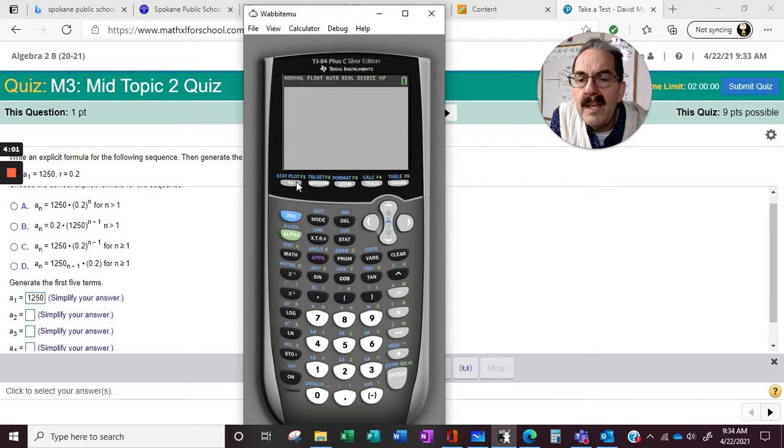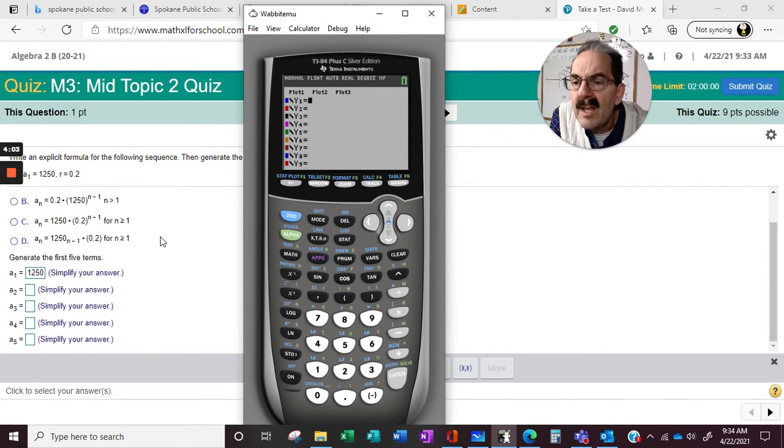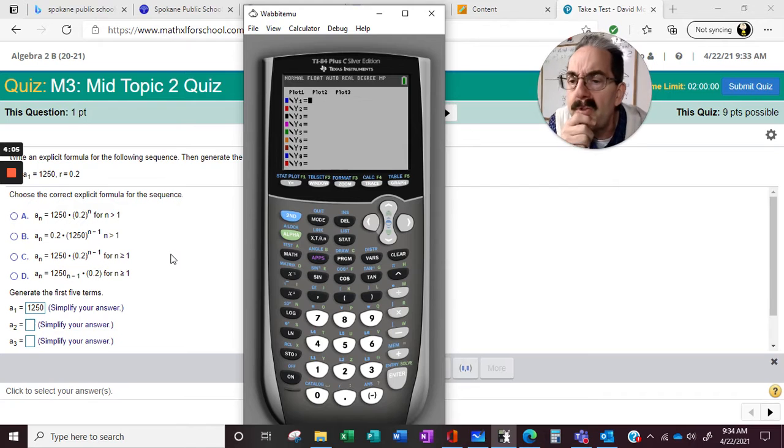Go to y equals, and with a multiplier of n minus 1, isn't it? Yep. Okay, so we have 1250, and our multiplier is 0.2, so it's a decay function.